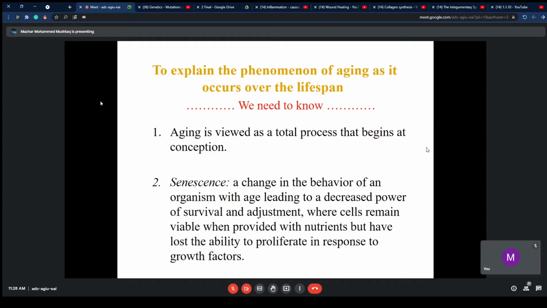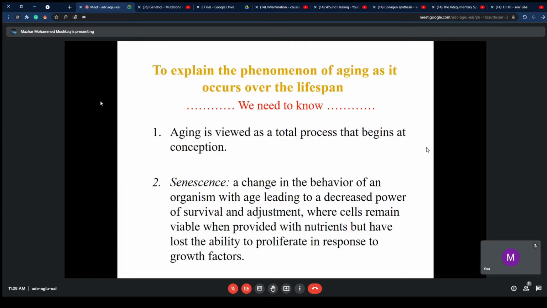And nutrition is the most important thing that keeps the cell going, because unless the cell has proper nutrients, you all know there is a checkpoint in our cell cycle. In this checkpoint, if the nutrients are good, only then will the cell go into the next phase for proliferation. Similarly, these senescent cells do not respond to the growth factor.